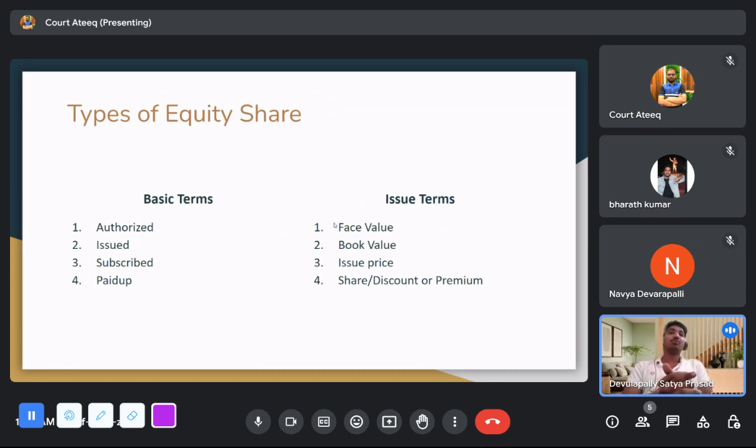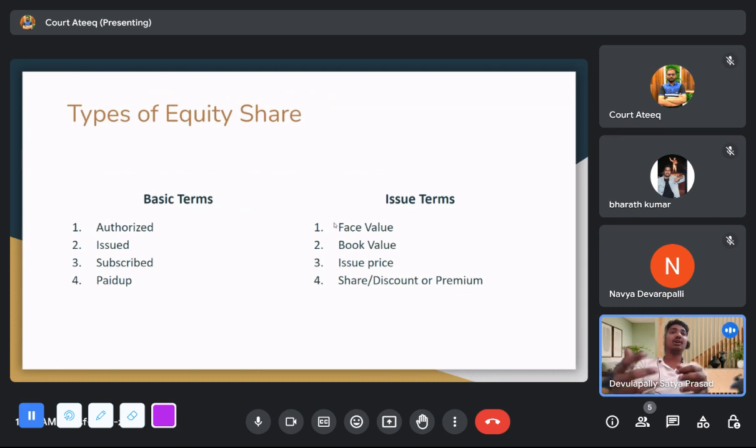And the second value is book value. Book value is nothing but, if you take all our assets and minus all our liabilities, we will get a certain amount, called book value. It is the residual amount the equity holders will be able to get if the company is liquidated right now itself. And the third one is issue price.